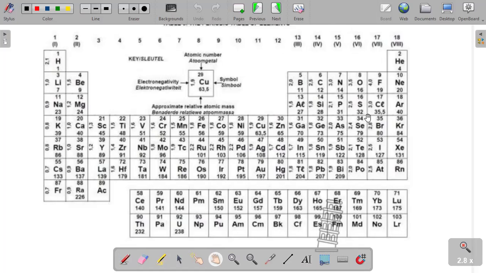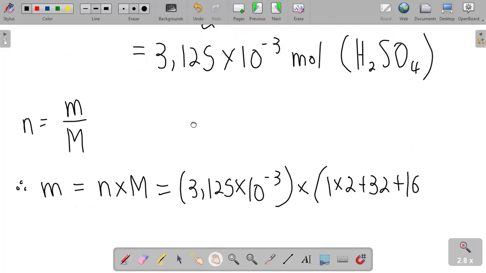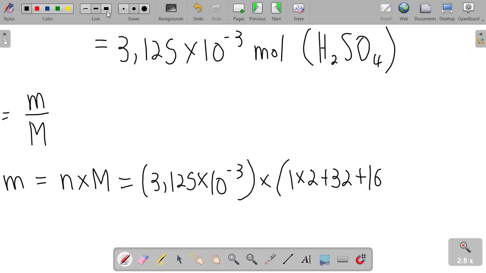So there is 32, 16, and 1. Then we're going to say 1 multiplied by 2, plus 32 for S, plus 16, and then it has a 4. So we multiply by 4.